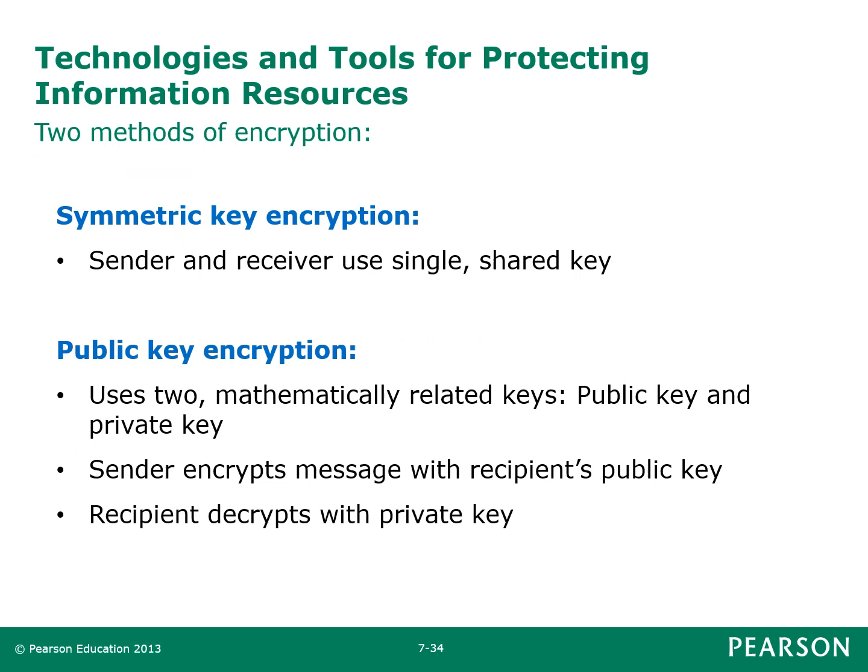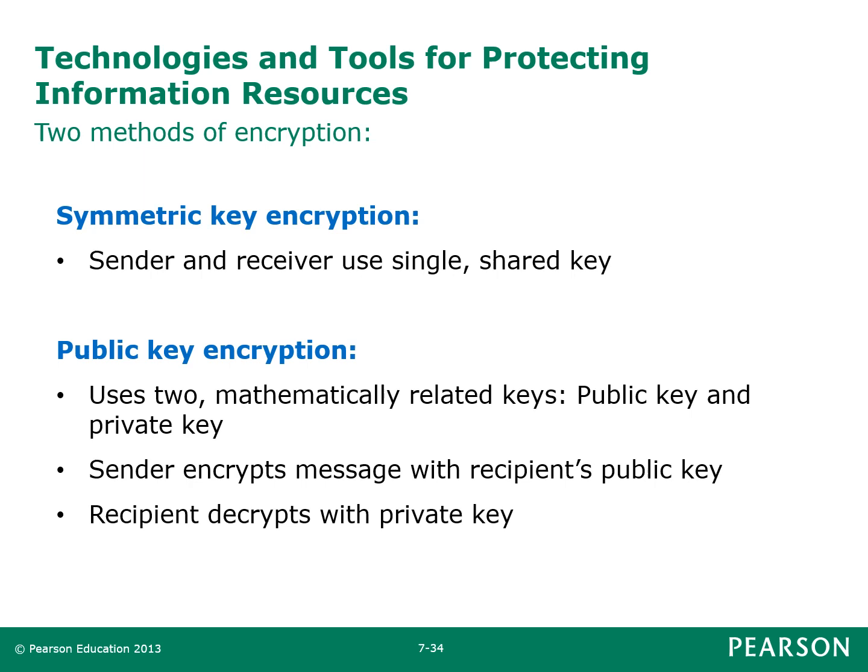The methods of encryption are mainly two methods: symmetric key encryption and public key encryption. In symmetric key encryption, the sender and receiver establish a secure internet session by creating a single encryption key and sending it to the receiver, so both the receiver and the sender share the same key.